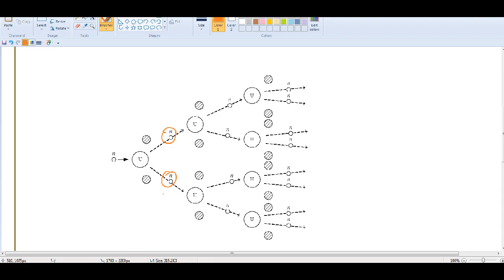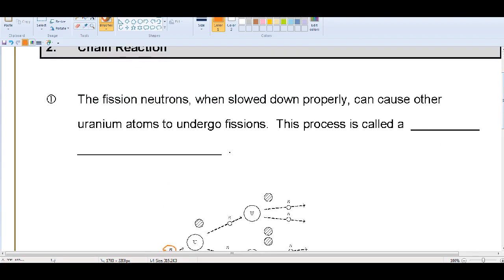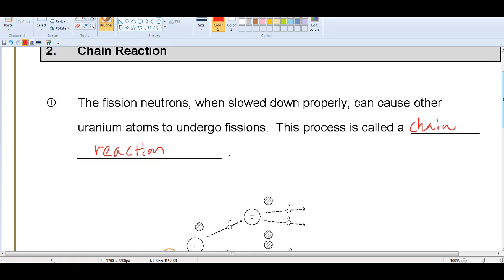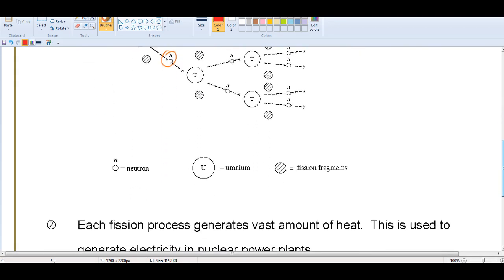Right? But anyway, it's just the idea of chain reaction. So the fission neutron, when slowed down properly, can cause other uranium atoms to undergo fission. This process is called chain reaction. The key is you get neutrons and you slow down the neutrons.